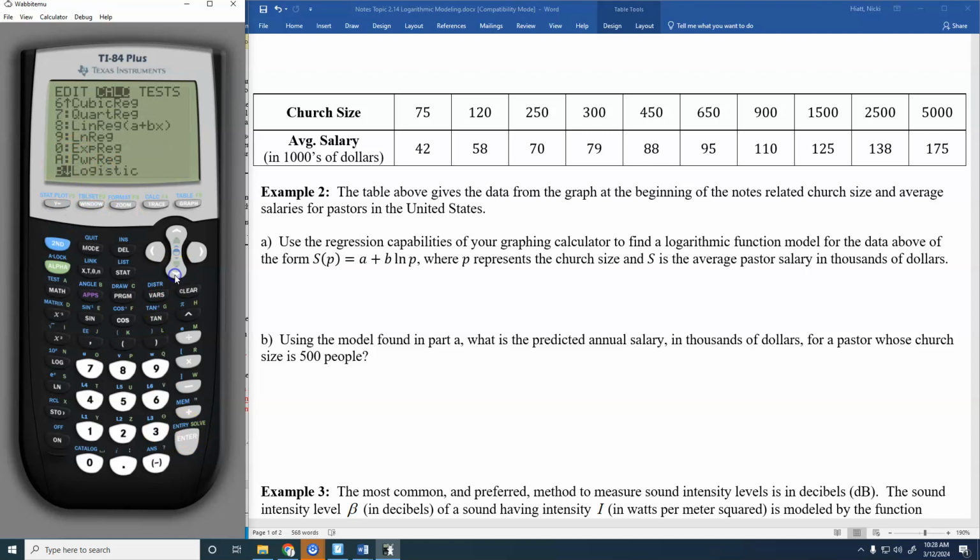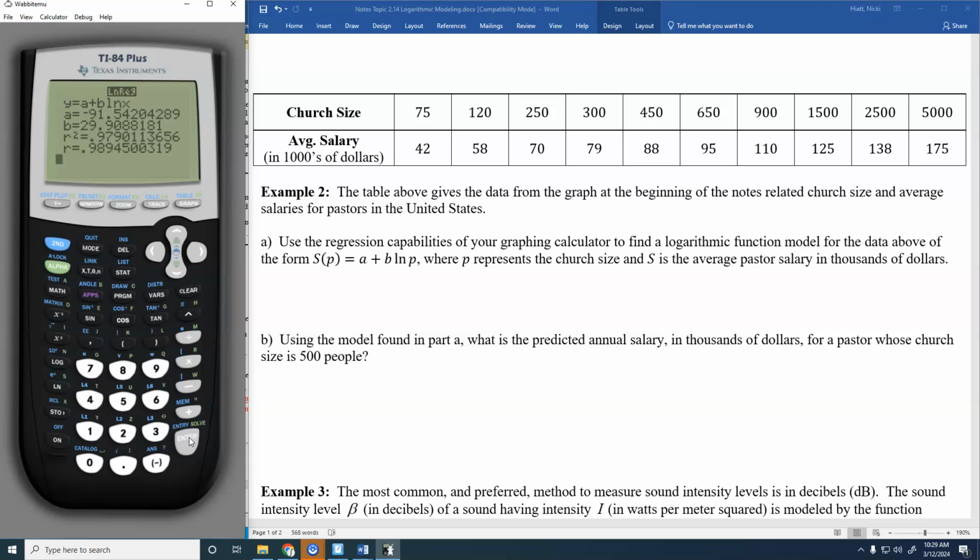The other one that seems like a reasonable option is this logistic. That is not it. It is LN reg. Okay, and we're going to tell it L1, L2. Let's store this in Y1 in case we need it later. So how to do Y1? Alpha trace, Y1. We're going to calculate.